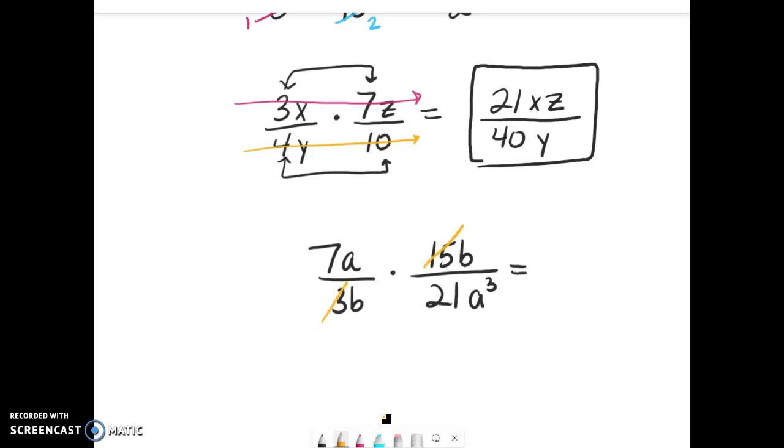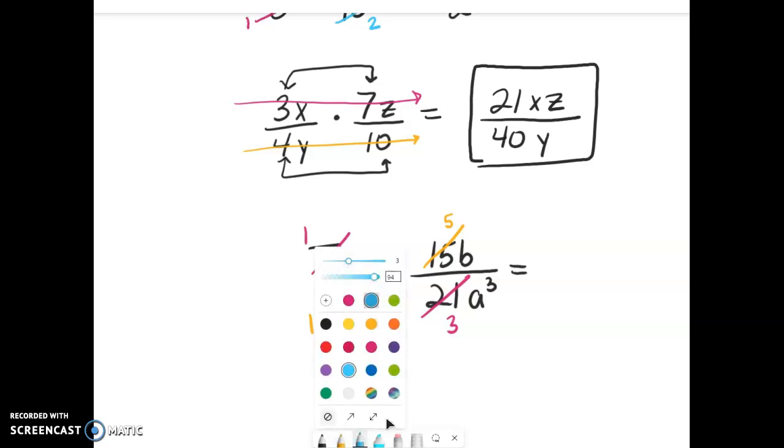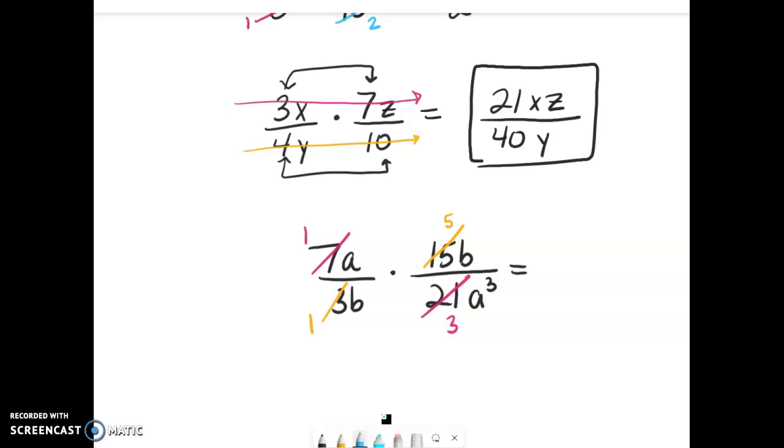Those would have common factors of 3. So 3 divided by 3 is 1, 15 divided by 3 is 5. I see 7 and 21. Those have a common factor of 7. 21 divided by 7 is 3, and 7 divided by 7 is 1. I also see that I have a b up here and a b over here.